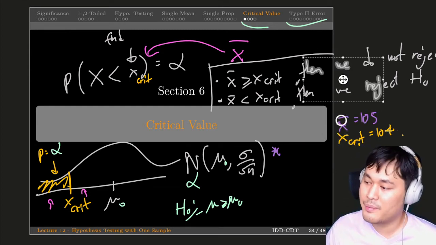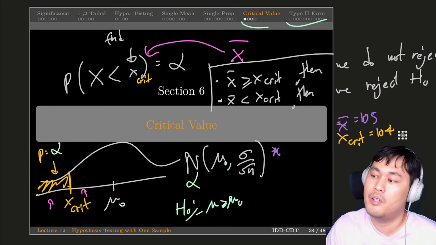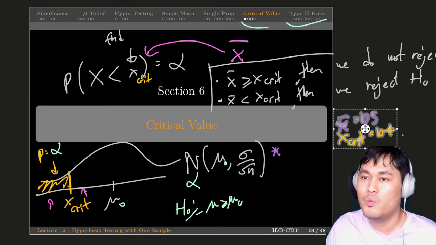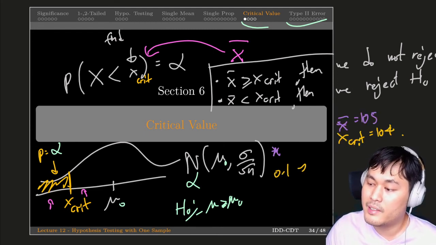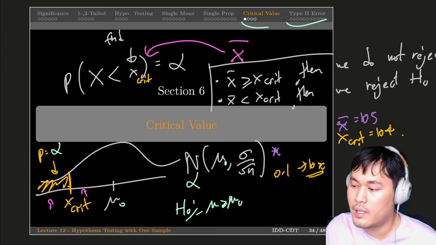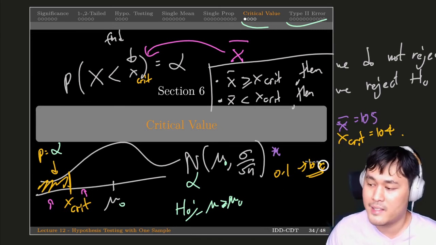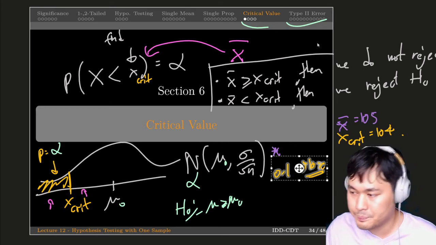So this works, but you lose a sense of the probability that we had when we compute the p-value. Because if we say the p-value is 0.1, we can understand right away that 0.1 means we have about a 10% chance to get a sample of that value or smaller. But here you lose that sense of the ratio of the percentage.